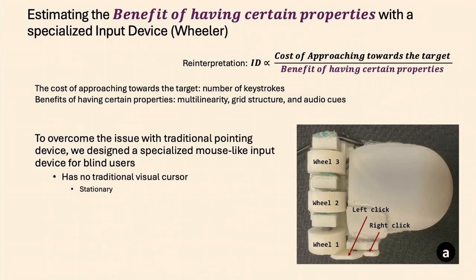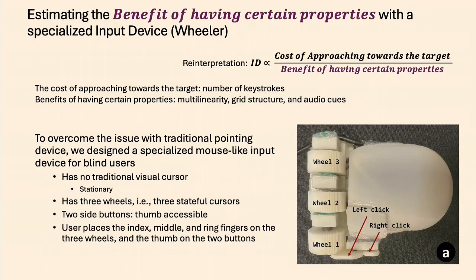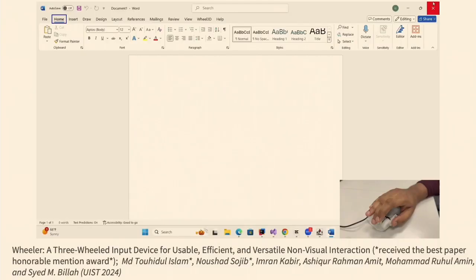So we designed a new mouse-like input device, Wheeler. It's stationary, so there is no movement involved. It has 3 wheels or 3 stateful cursors, and 2 side buttons, thumb accessible, easier to use.